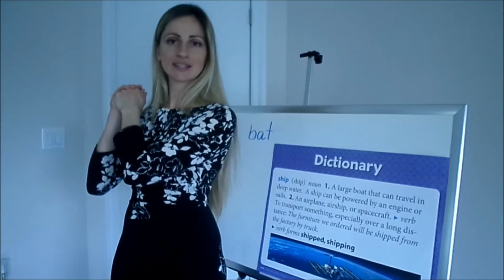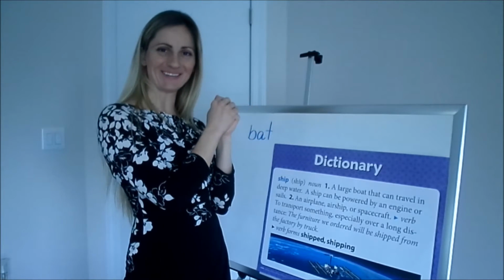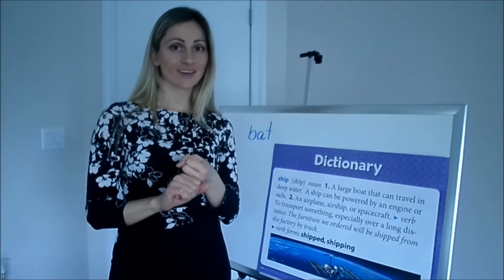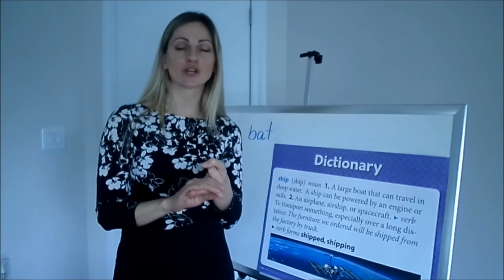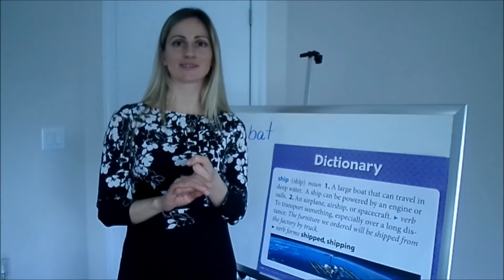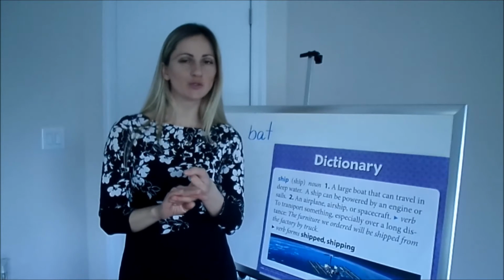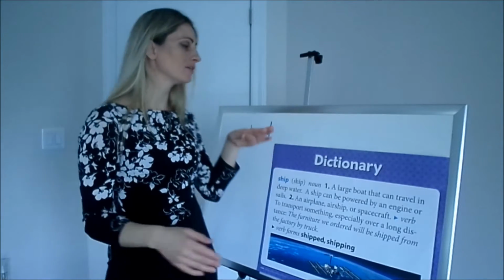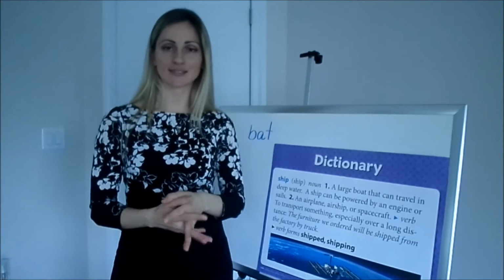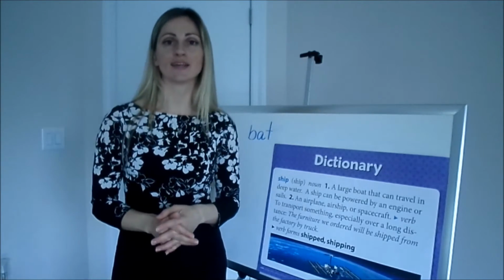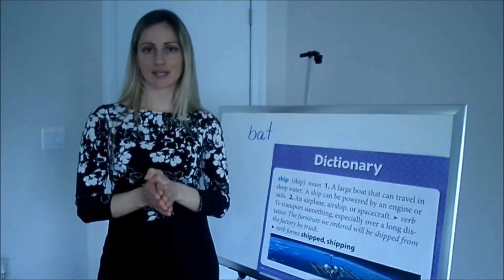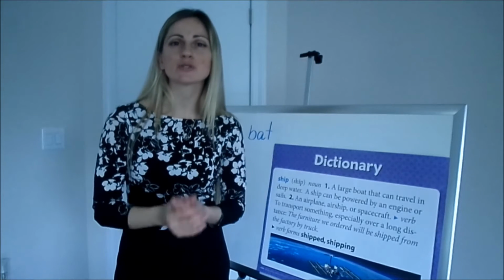Did James swing the little flying mammal and hit the ball? No. Is it the wooden stick? Or is it the verb of moving your eyelids? Did James move his eyelids and hit the ball? No. You know that the word bat in this sentence, James swung the bat and hit the ball, is talking about the wooden stick. So that's what dictionaries are really, really great for.